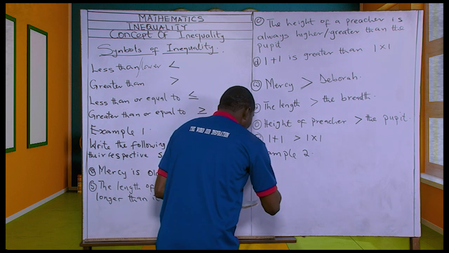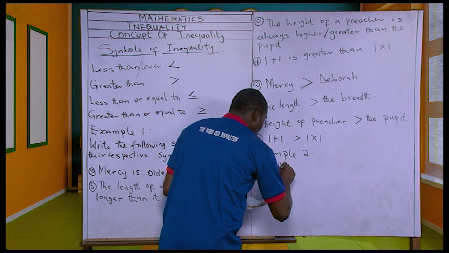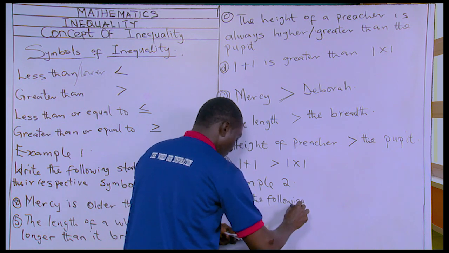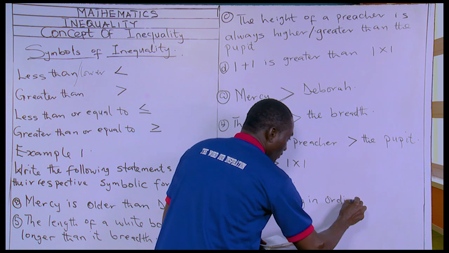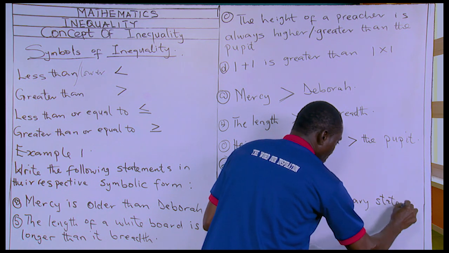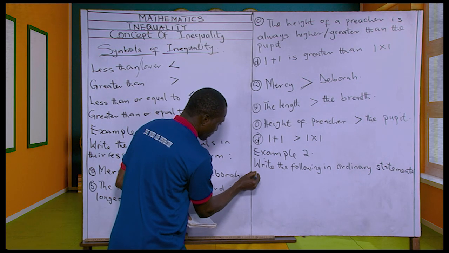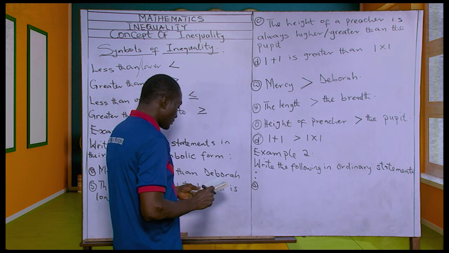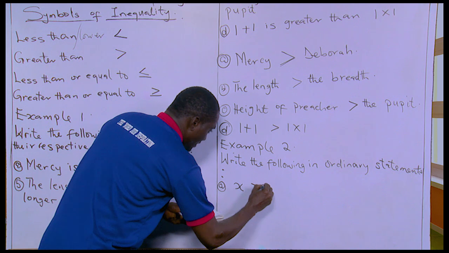We have to write the following in ordinary statements. A: x is greater than 3.